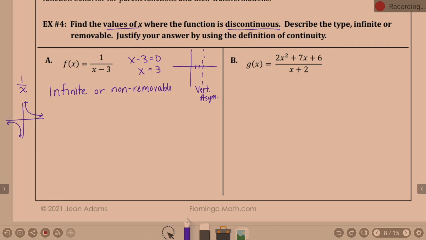You just had this shape, okay? So it's those two pieces right there. When you see x in the denominator, that's something we need to know. Now, x minus 3. There's a minus 3 with the x. What's that going to do? It's going to take that graph and move it where?